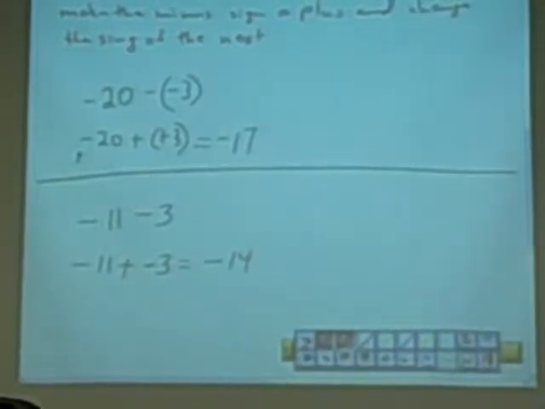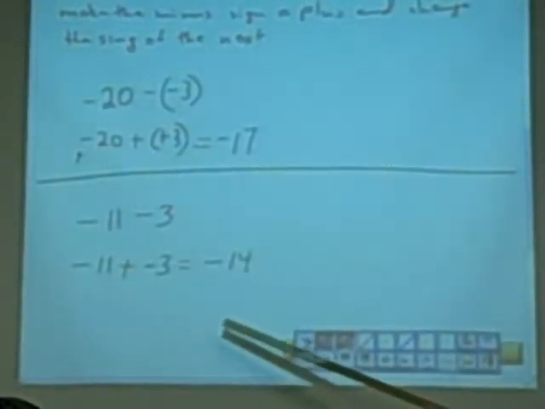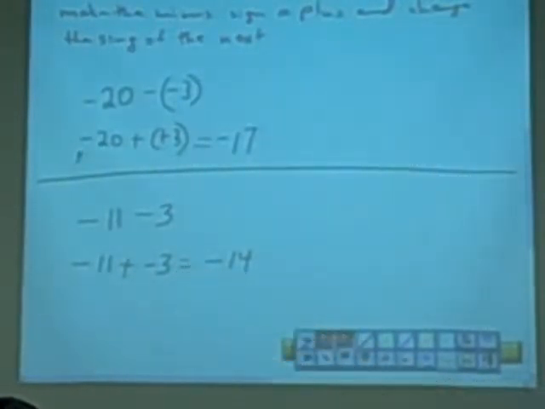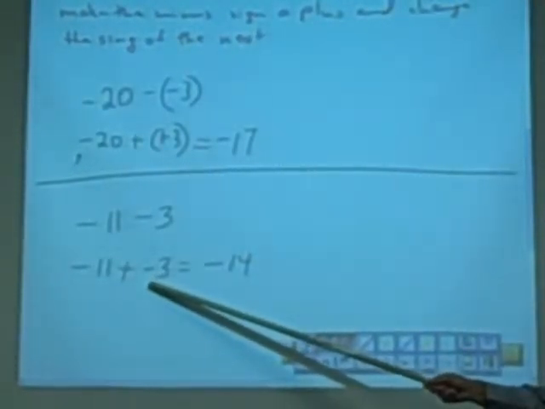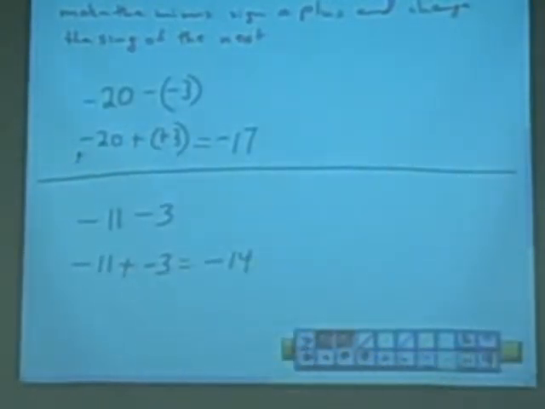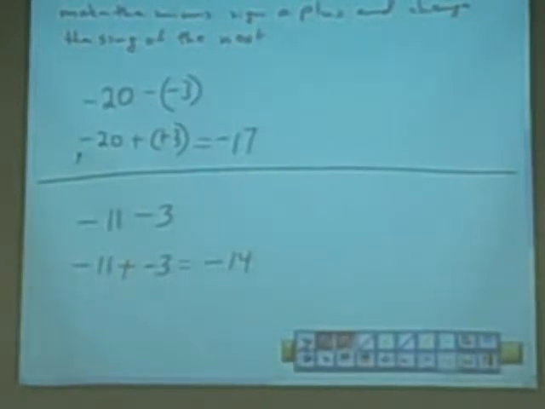So the problem with negatives is that people are used to seeing negatives as strictly subtraction. Now you're using negatives with addition, by having a negative and making it even more negative. So you have to take that extra second to think, okay, am I adding, or am I subtracting, or am I adding negatives?